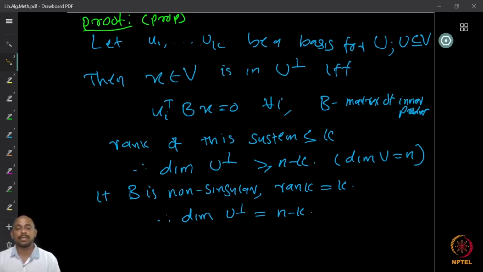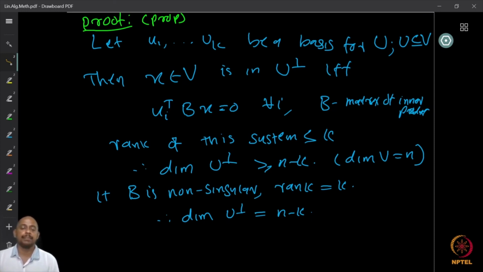Therefore, the dimension of U perp is at least n minus k, because these are the vectors which are orthogonal. Now, the dimension of V is n, that is the assumption. If B is non-singular, then we know that the rank must be equal to k, because you can find a k cross k submatrix over these k equations whose determinant is not 0.